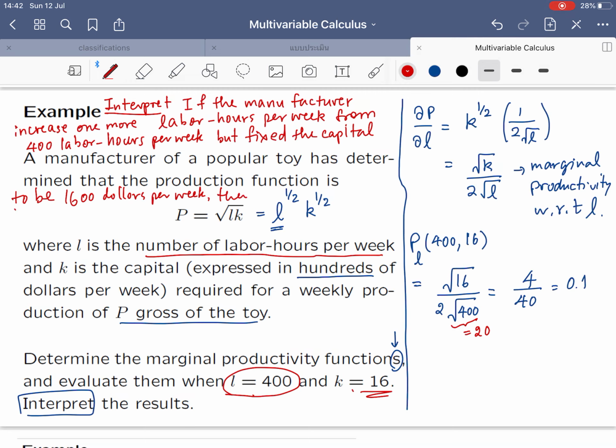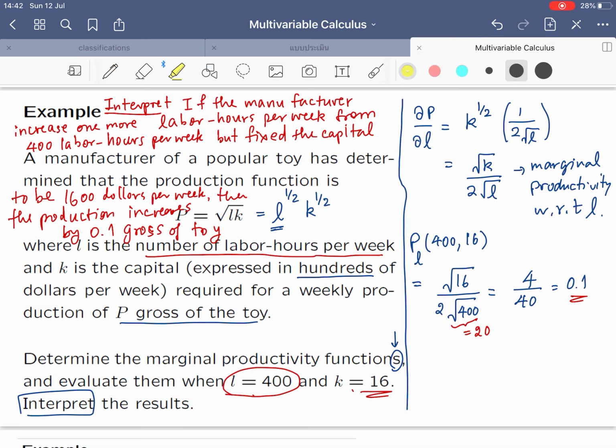Then, of course, the production increases, right? By how much? By 0.1 gross of the toy. So where is the keyword? The keyword is that the manufacturer increases one more labor, because it is a derivative with respect to L, from the original of 400, and the capital is fixed at 16 hundred dollars.